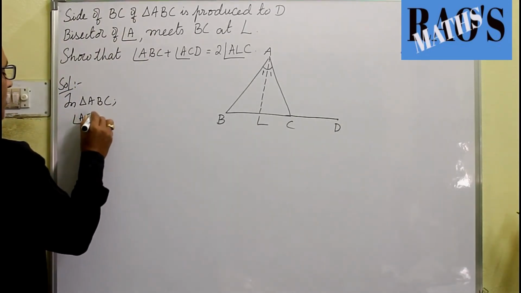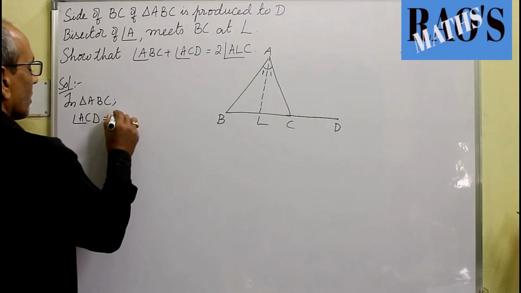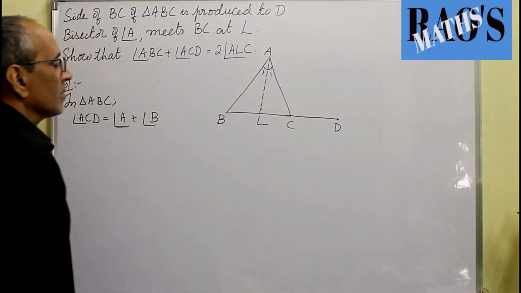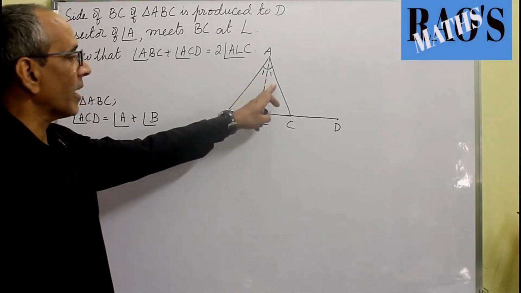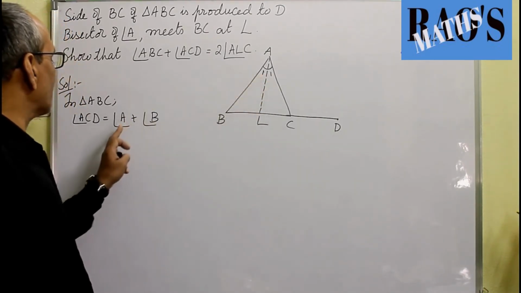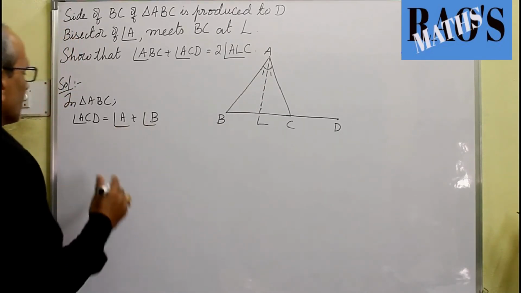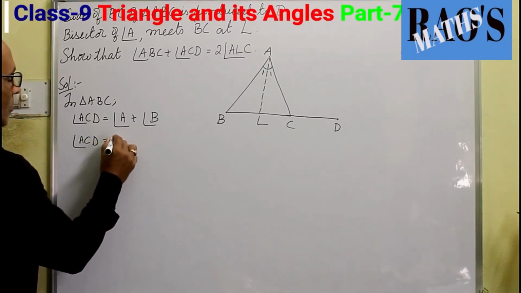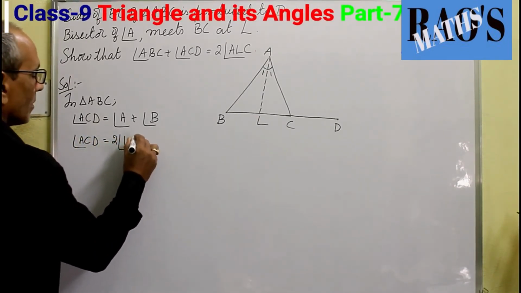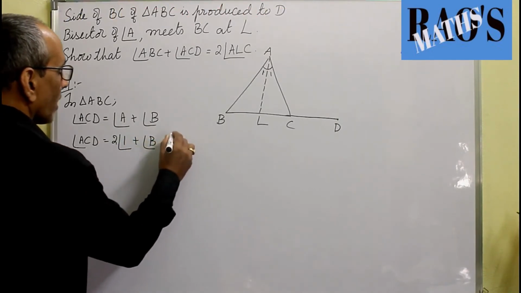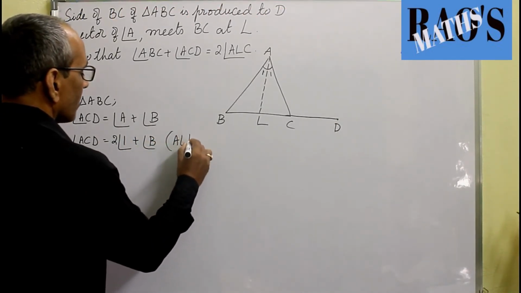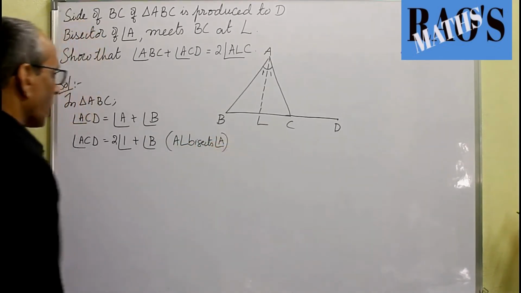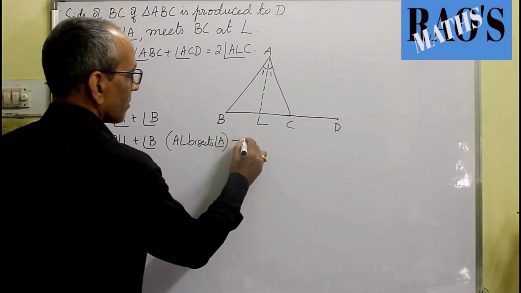Angle ACD is equal to angle A plus angle B. Since both are equal, I write 2 times of 1 in the place of A. So, angle ACD is equal to 2 times of angle 1 plus angle B. Why? AL bisects angle A. That is the reason I mentioned in the bracket. This is the first statement.